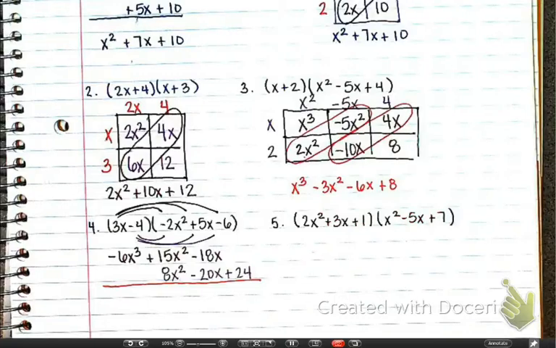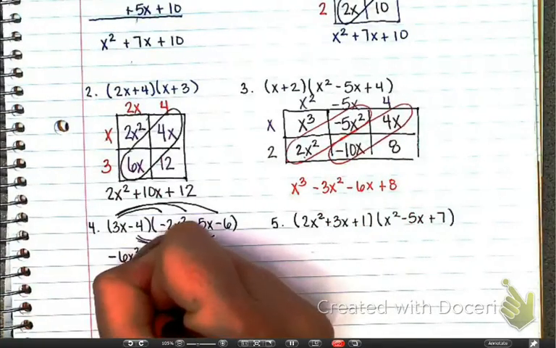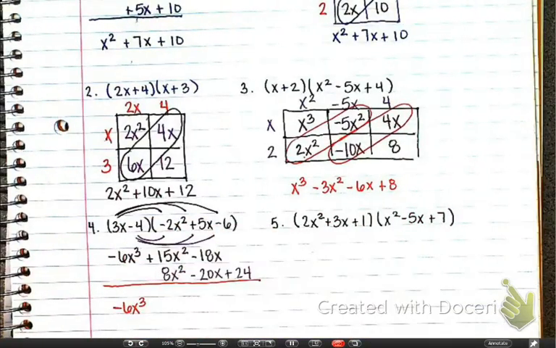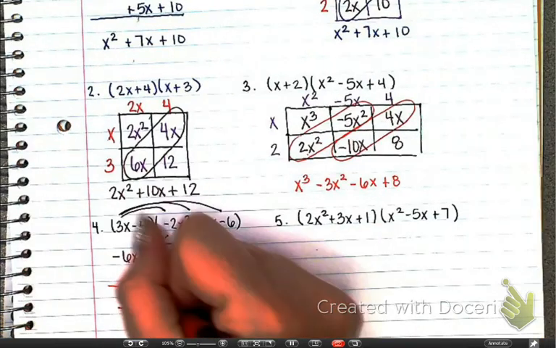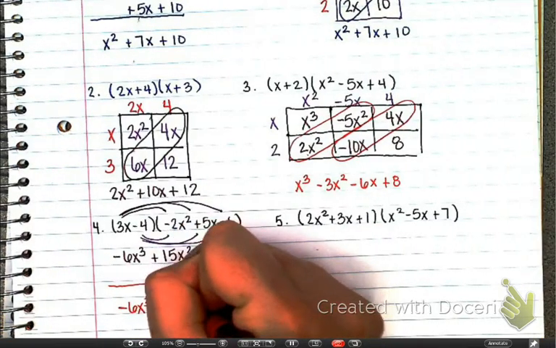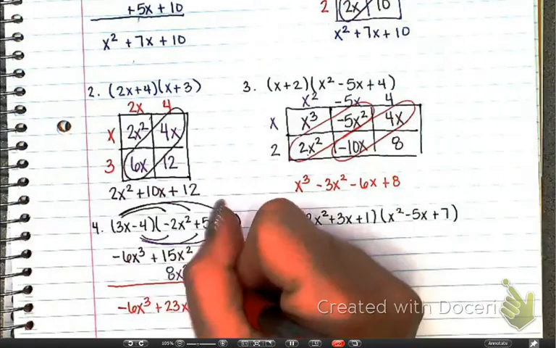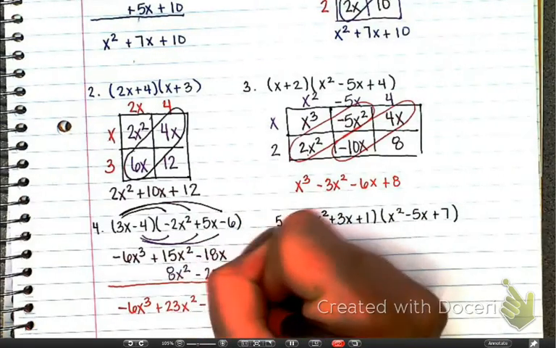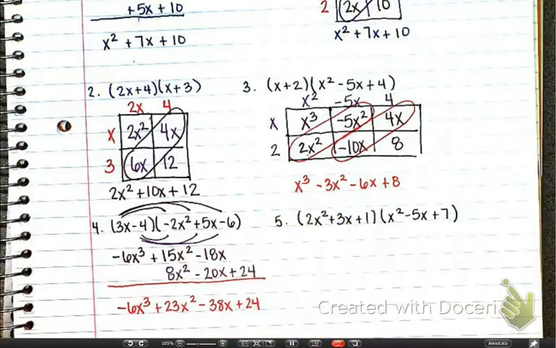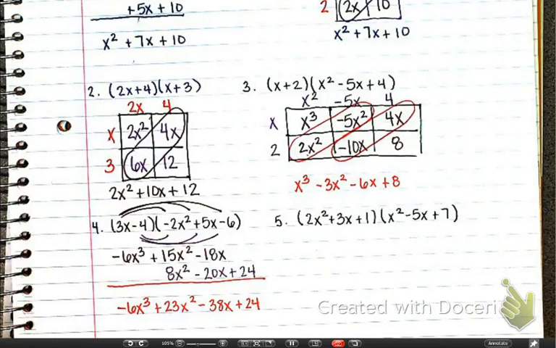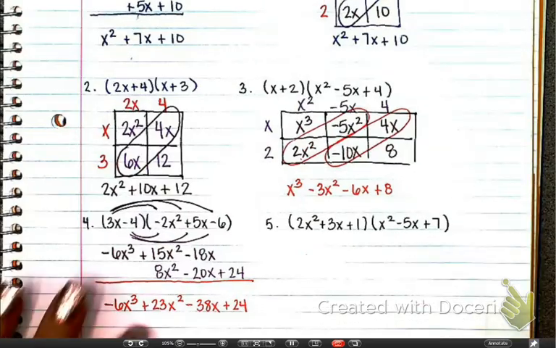So when I combine like terms, I get negative 6x to the third. 15 plus 8 is 23x squared. Negative 18 minus 20 is a negative 38x plus 24. How'd you do? Good? Okay.